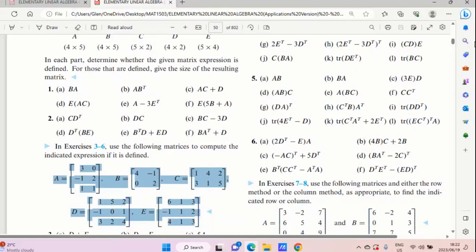From the first matrix, the number of columns is 3 and it equals the number of rows in the second matrix, which is 3. So do we agree then that the size of the final matrix is going to be a 3 by 2 matrix? Yes, sir.